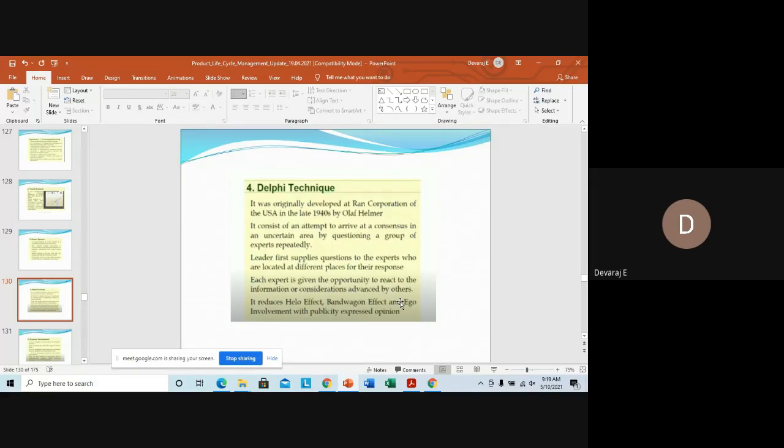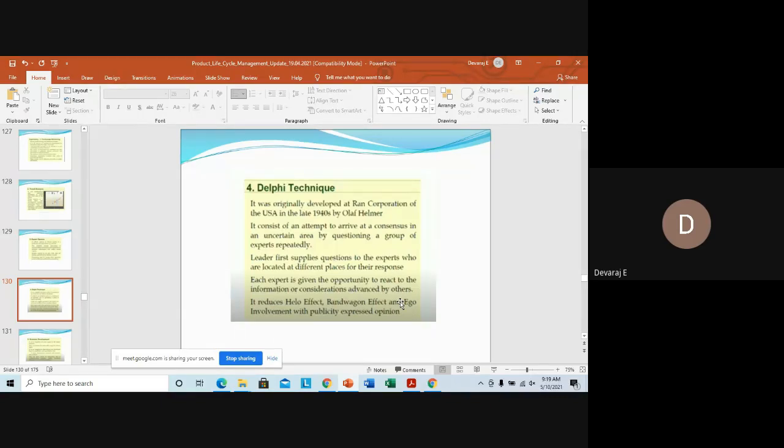Okay, it's very important. If you go to a company, all the companies will be using the Delphi technique for a problem statement. If a problem arises in manufacturing, they'll go for the Delphi technique. They will ask questions to experts who are working in other countries or other states, and they'll get the information. They will not immediately implement whatever the expert tells.